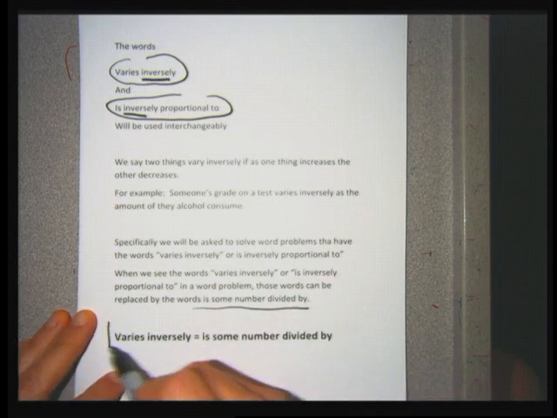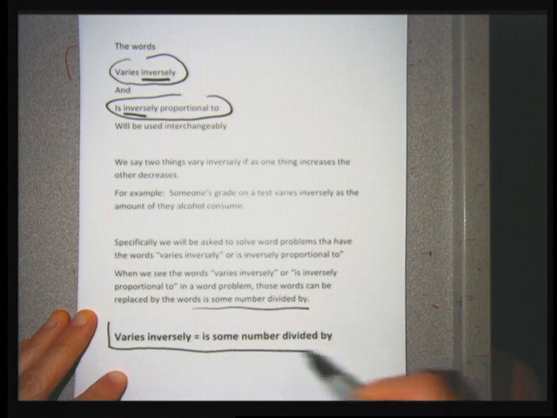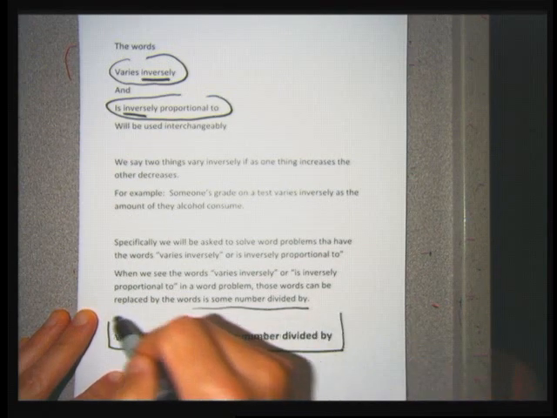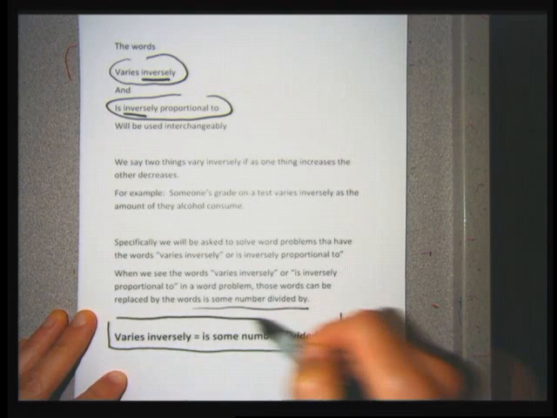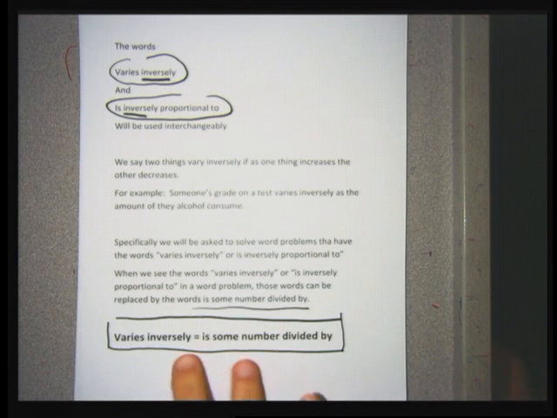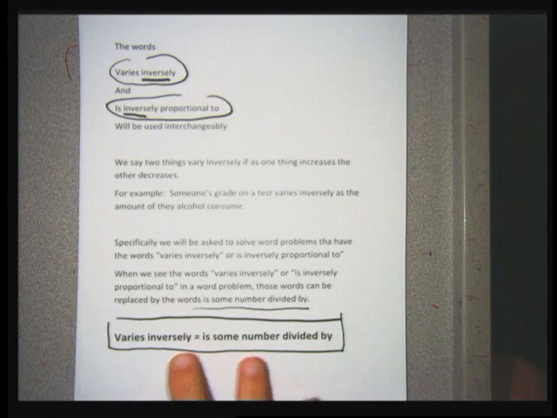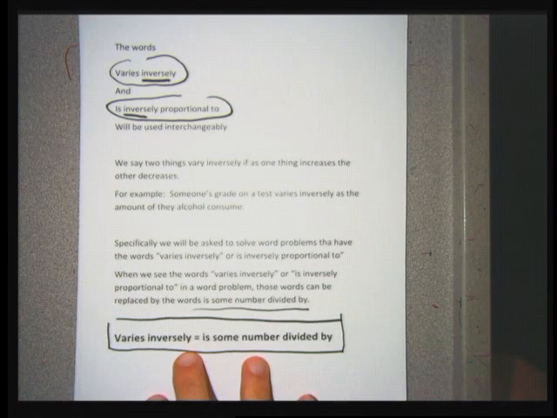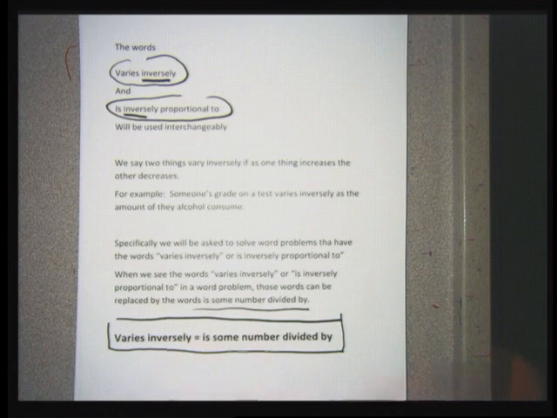I'm going to rewrite the problem, or scratch those words out, or think is some number divided by. Again, this little blacked out thing that I squared at the bottom of this page is the most important thing. If this is all we took away from this page, this is the only thing you really need to be aware of when we get into the homework itself.